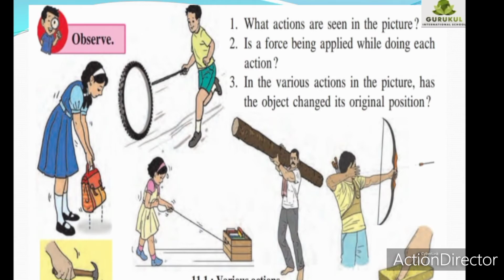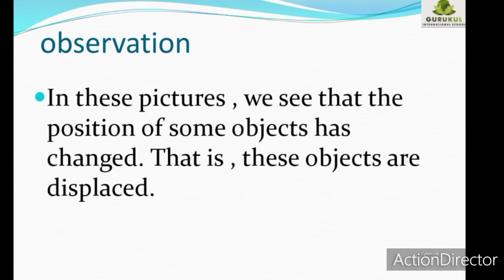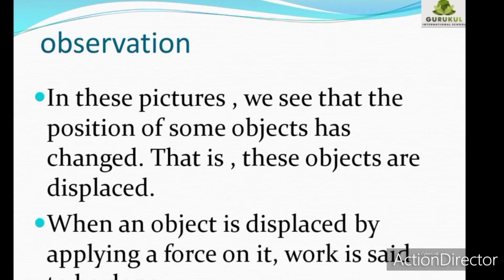Now from this, what we observe in the above pictures is that the position of some objects has changed. That is, these objects have been displaced, meaning they have shown displacement. So from that we can understand that when an object is displaced by applying a force on it, work is said to be done.